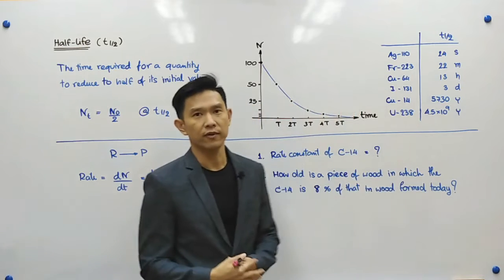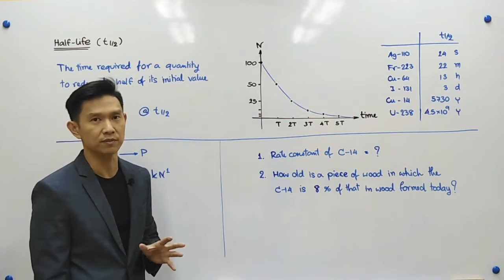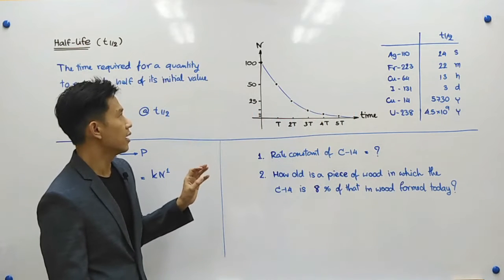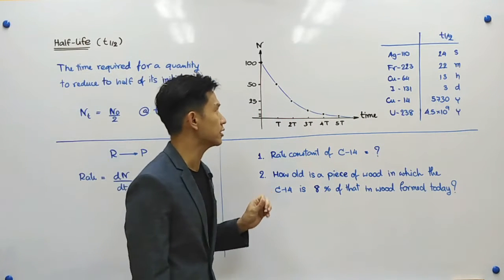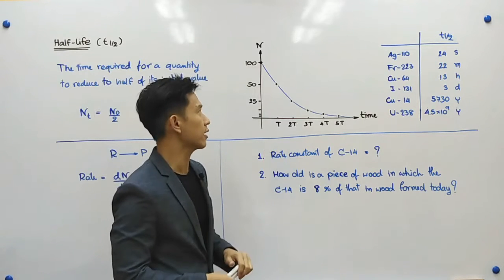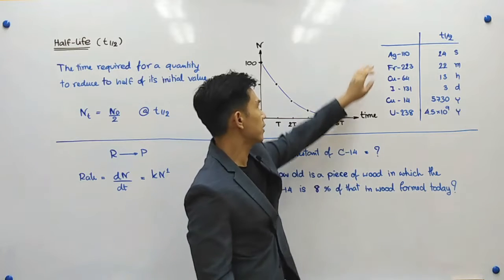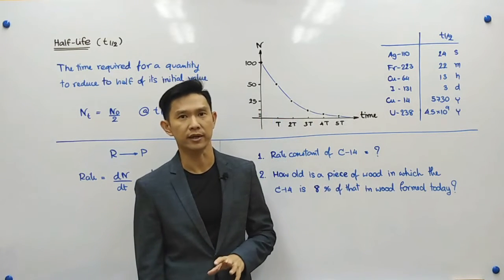So the half-life of any radioactive isotope is constant. Okay, and I'll give you some examples of radioactive isotopes with different lengths of half-life. For example, Ag-110. The stable isotope of silver is 108.